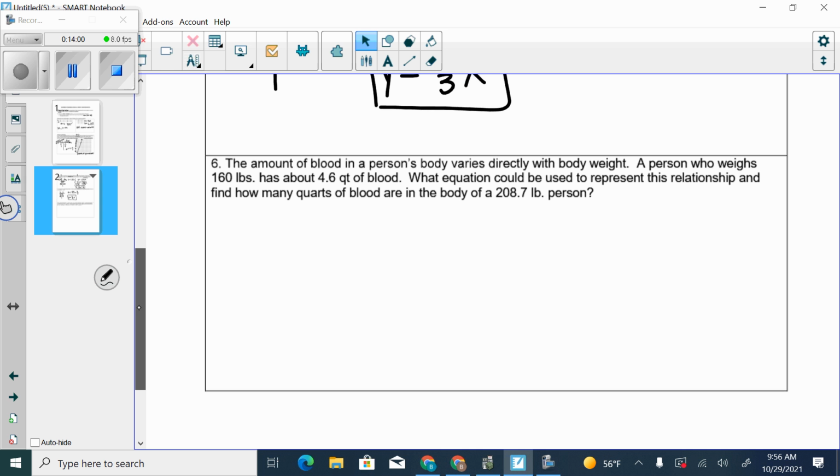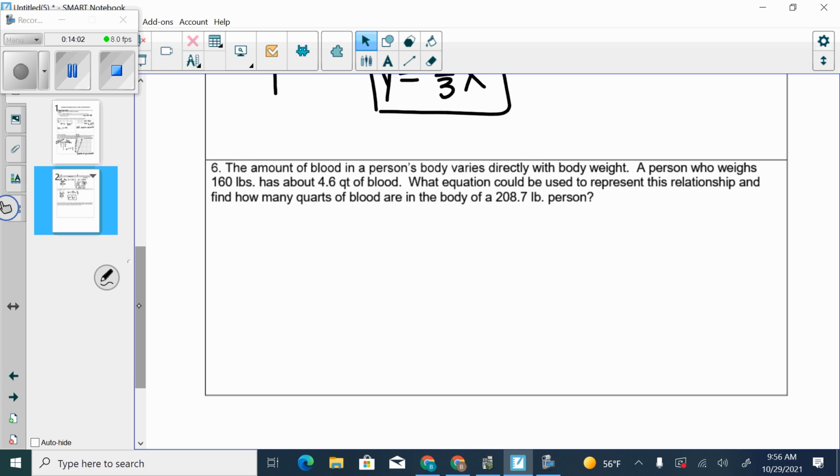Alright, last one. It says the amount of blood in a person's body varies directly with their body weight. So we already know we got 0, 0. A person who weighs 160 pounds has about 4.6 quarts of blood. So we have to ask ourselves, which depends on what?